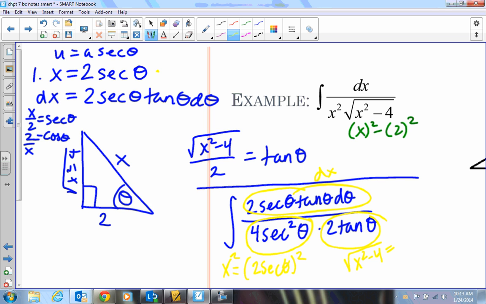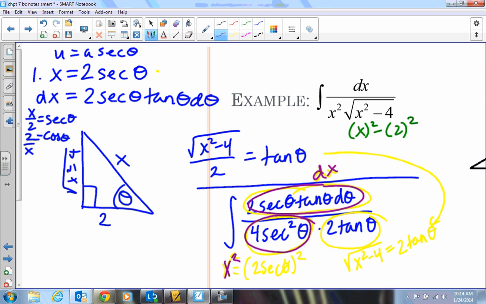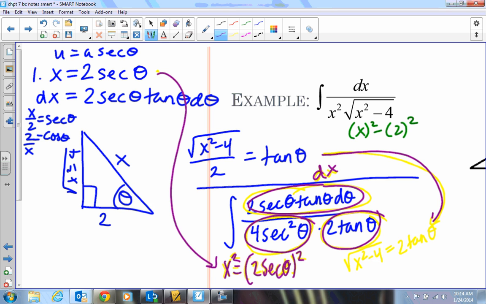Wait, where's the bottom coming from? Okay. So that is from my dx. This is from my x squared. And this is from that substitution. All right, I'm starting to get it.